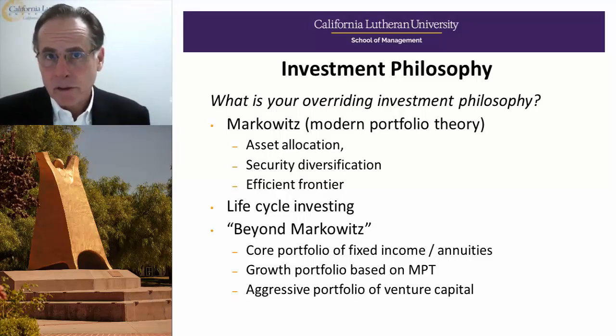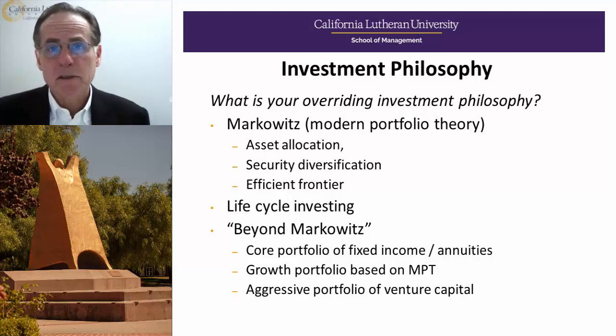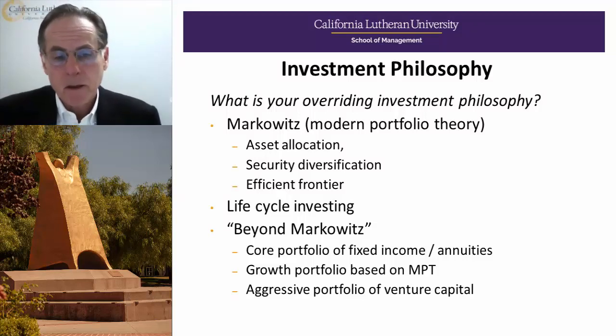You also learned that given an optimizer, the different asset categories, and inputs of expected returns, standard deviations, and correlations, we can come up with an efficient frontier: that portfolio which represents the highest level of return for a given level of risk.